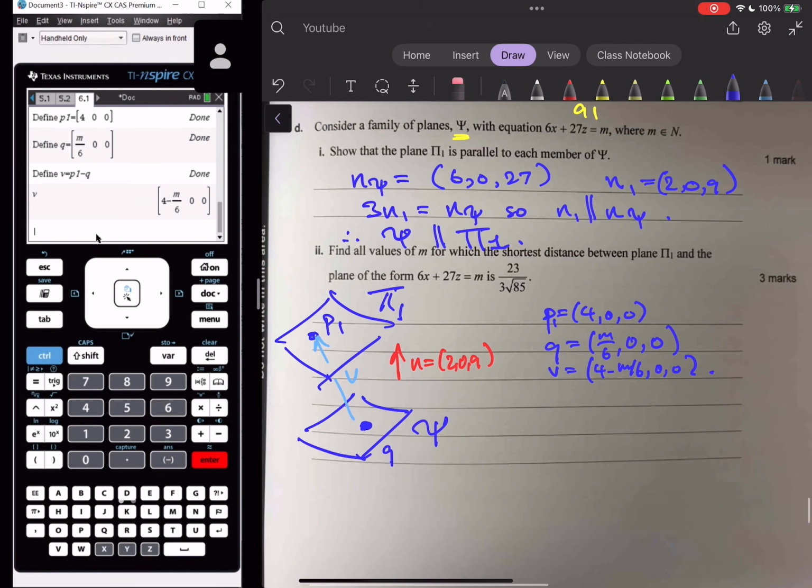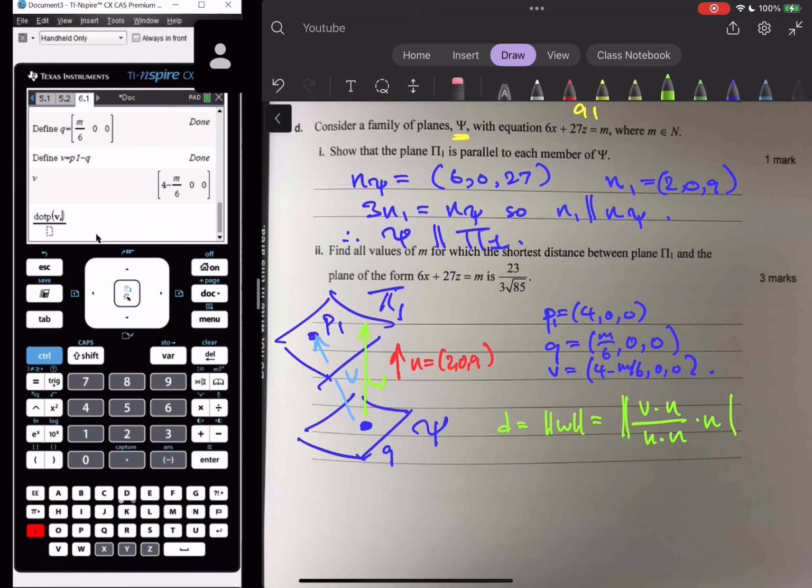Now I'm going to project this onto n1, and I'm going to call this projection, once again, W. So the distance, let's call it D once again, is going to be the norm of W. I project v onto the normal, so I take the dot product of v with n1 over the dot product of n1 with n1, times n1, and I'm going to take the norm of this whole thing.